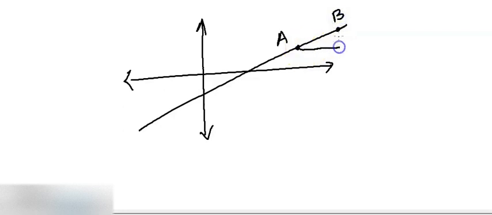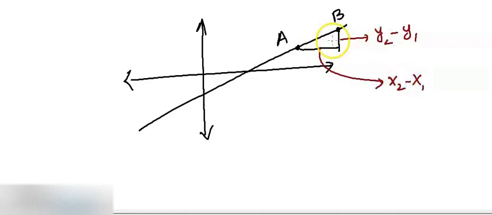So we have already seen that this is y2 minus y1 and this is x2 minus x1, or simply this is change in y and this is change in x.